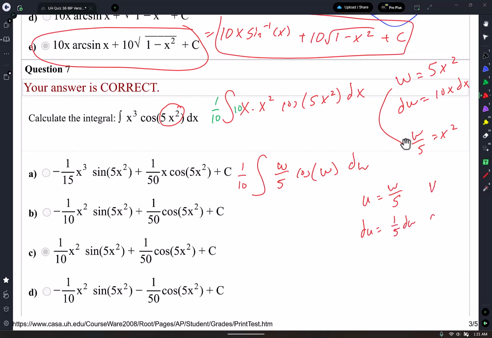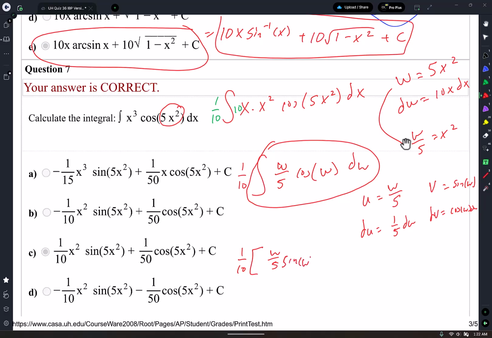And then dv is cosine w dw, so v is going to be equal to sine w. I think everything looks good to me. So I have that 1/10 on the outside, and then a bracket. Let's do the antiderivative: uv, so w over 5 cosine w, sine w.